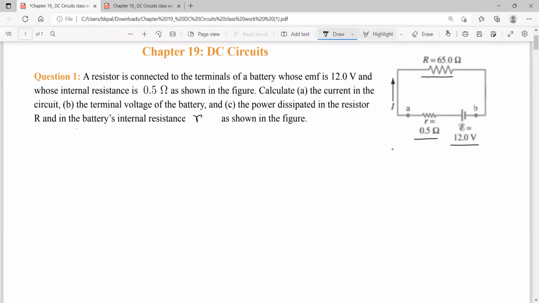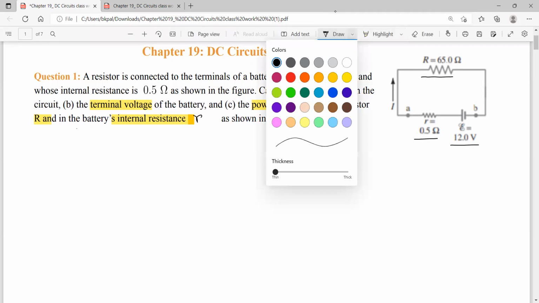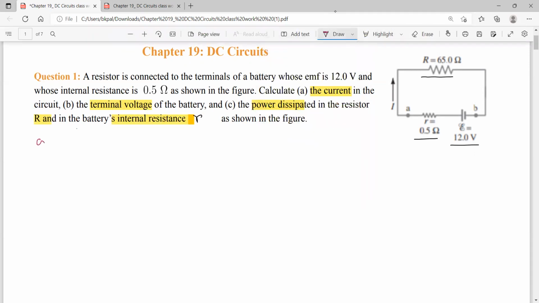And we have to calculate these: the current, the terminal voltage, the power dissipated in the resistor R, and also in the internal resistance small r. Okay, all right, so let's start with the first one, part A.